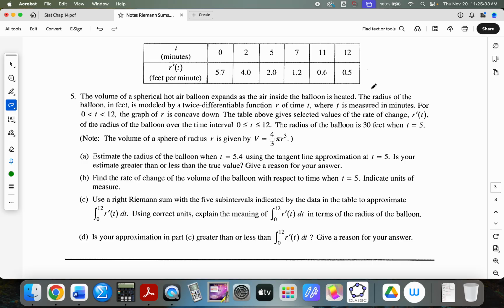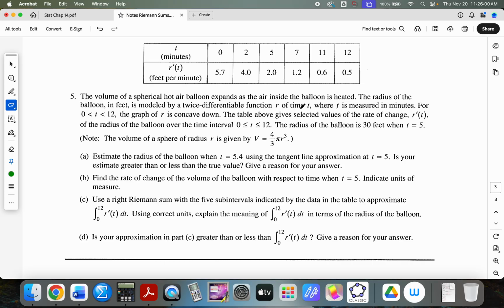The volume of a spherical hot air balloon expands as the air inside the balloon is heated. The radius of the balloon in feet is modeled by a twice differentiable function r of time t, where t is measured in minutes. For the time interval from 0 to 12, the graph of r is concave down.